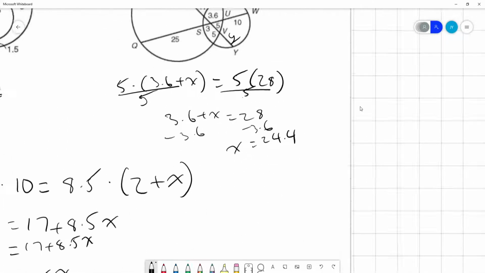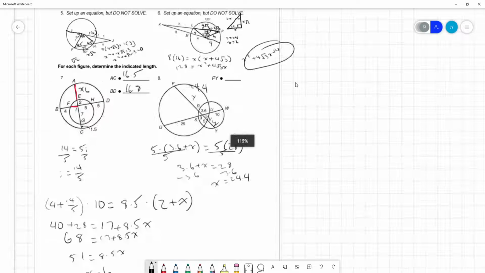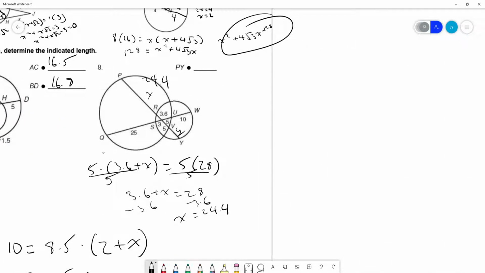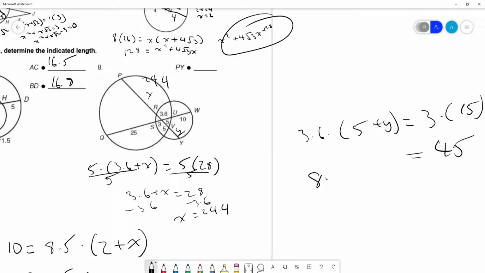We're going to use the same theorem to find VY. That's going to be 3.6 times (5 plus y) is equal to 3 times 15. So it's going to be 45 equals 3.6 times 5 plus 3.6y.